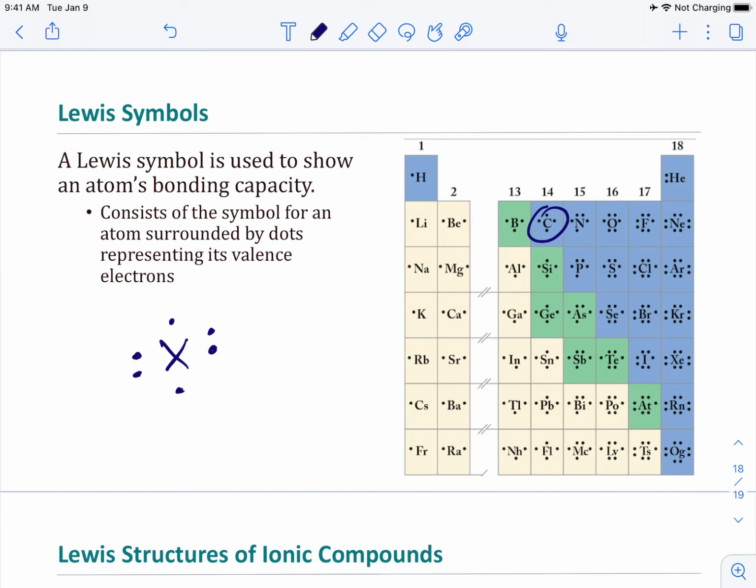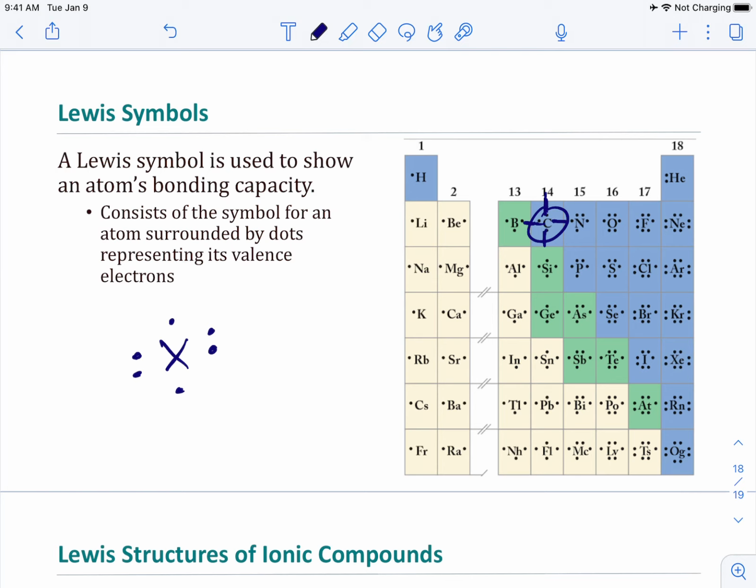Okay, and now what that's going to help you see, and we'll see this in a bit, is that the number of lone electrons, unpaired electrons, is the bonding capacity of the atom. So you can see the carbon has the ability to bond in 4 places because it has these 4 lone electrons.